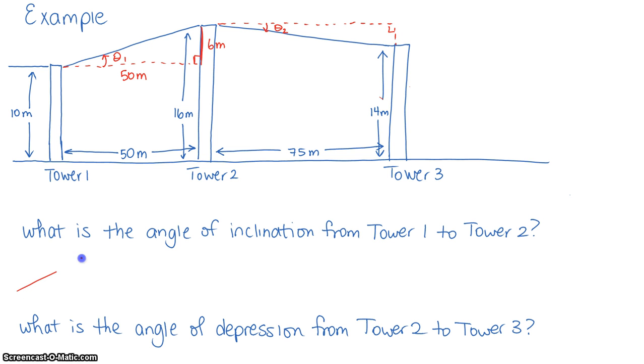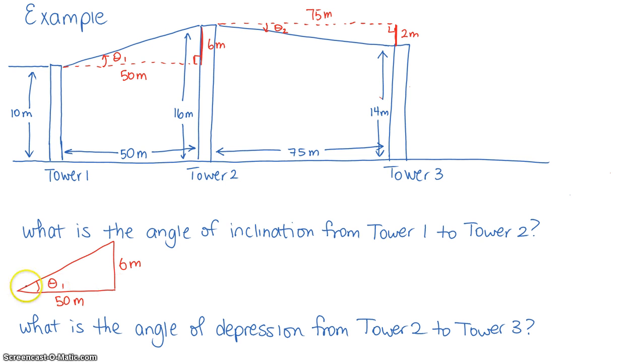So now you have a triangle that is 50 meters here, 6 meters here, and I want to find my theta 1, my angle of inclination. Whereas for this one, my horizontal distance is 75 meters between the two towers, but my height goes from 16 meters to 14 meters, so my height here is 2 meters.